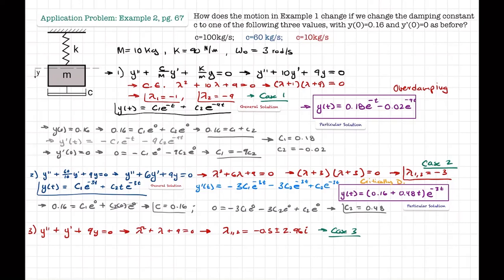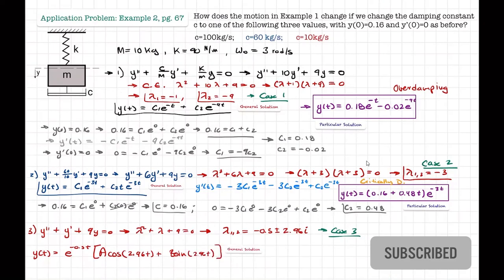And therefore, my general solution will be e to the real part, negative 0.5t, times a cosine of 2.96t plus b sine of 2.96t.